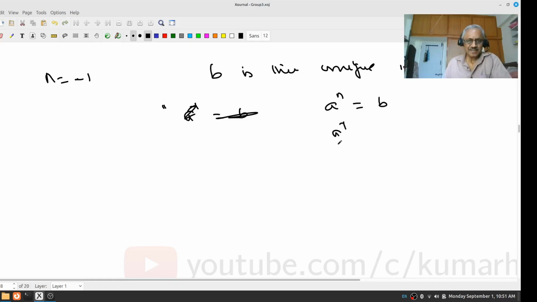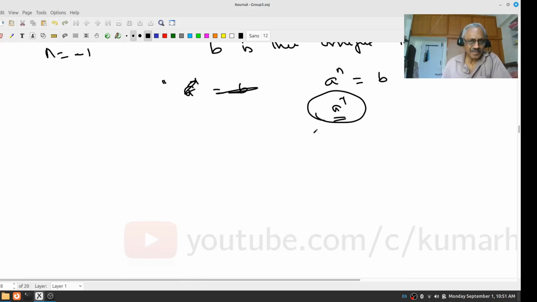You understand? But earlier itself we started using this notation. I should have avoided it perhaps earlier, but usually one doesn't. Is that point clear? Don't get confused. Think about it. I want to define a to the power n when n is minus 1. It has to be the unique inverse. But unfortunately, the unique inverse we started denoting by a to the power minus 1 already.